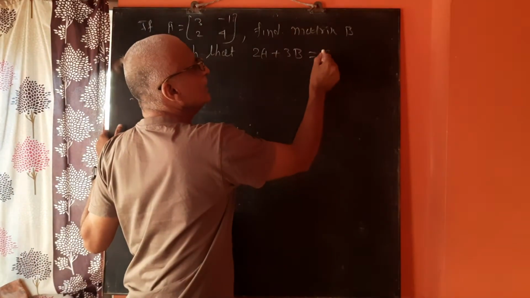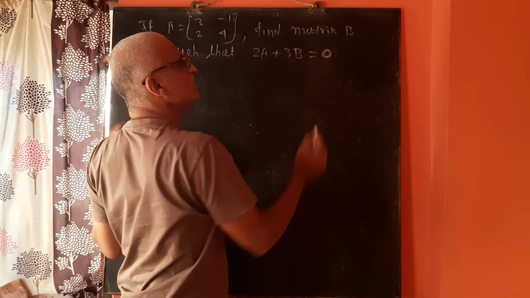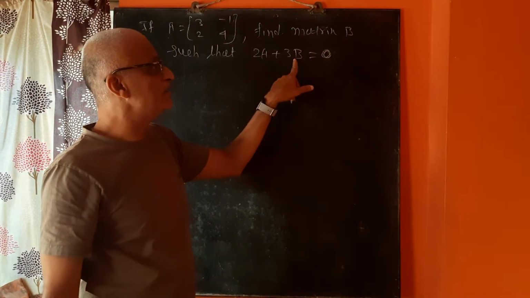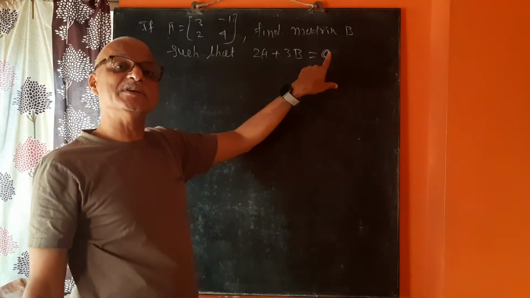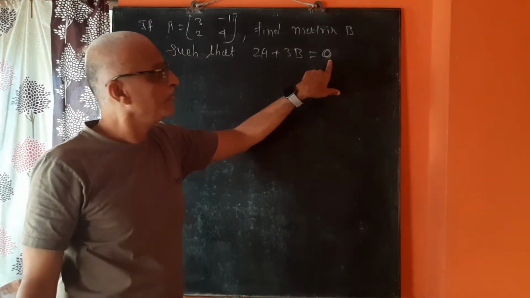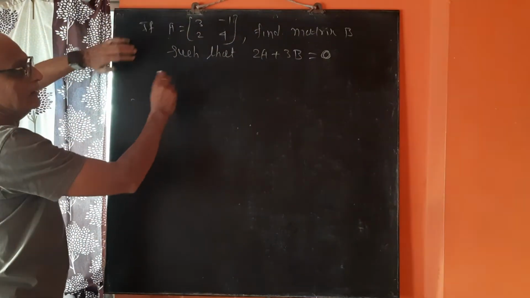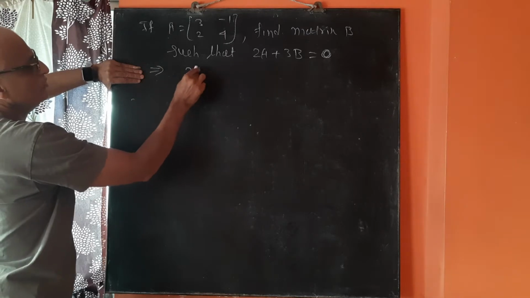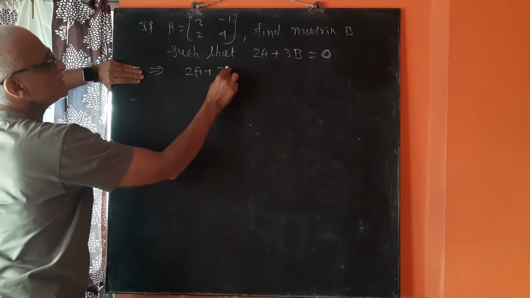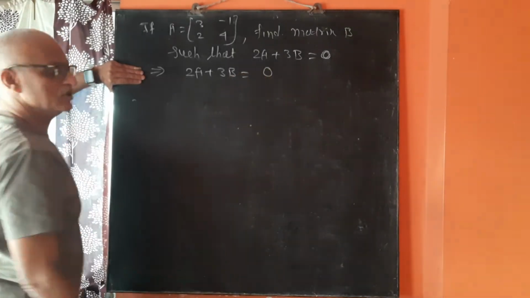Consider the equation 2A plus 3B equals 0. 2A is a matrix, B is a matrix, so the 0 will be the O matrix, which means the zero matrix.